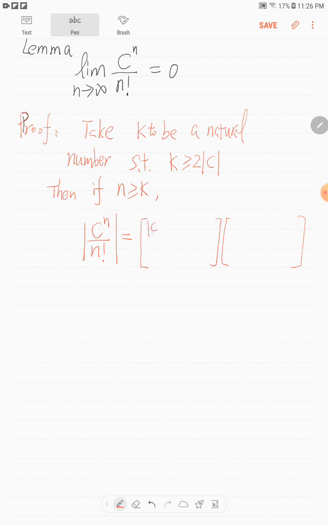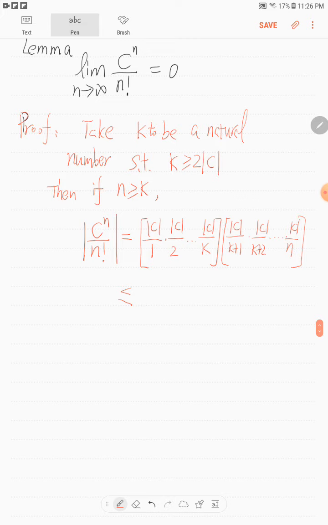This would be the absolute value of c over 1 times the absolute value of c over 2 times ... times the absolute value of c over k. And here is the absolute value of c over k plus 1 times the absolute value of c over k plus 2 times, continuing, times the absolute value of c over n. So the denominator is n factorial, right? We divide into two parts.